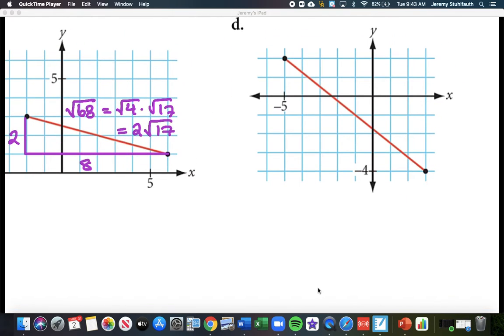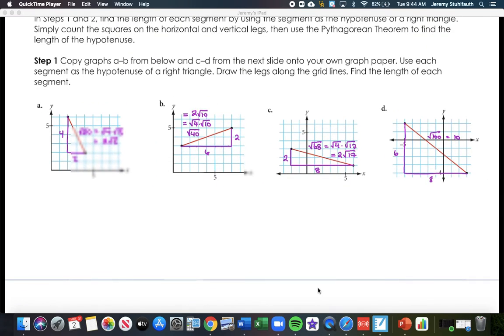And finally, if you are looking at this one, you have a distance of 6, and then you have a distance of 8. So you have 64 plus 36, which gives you 100. So the square root of 100 is 10, so it tells you the distance between those 2 points is a length of 10.